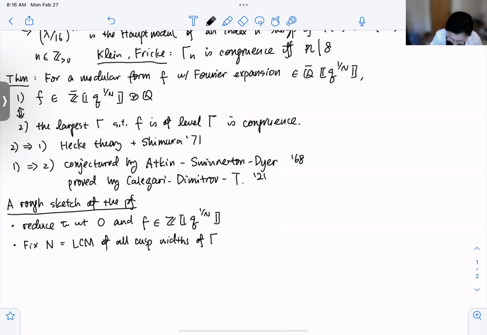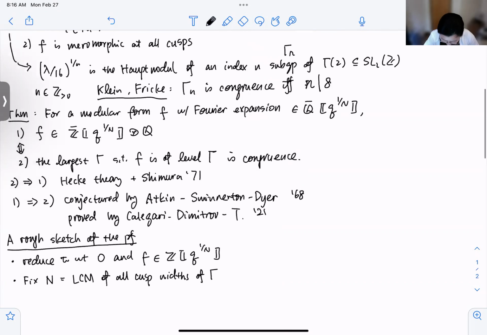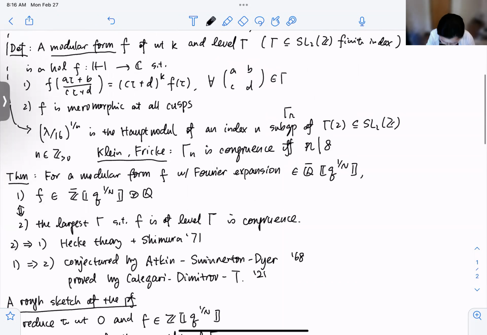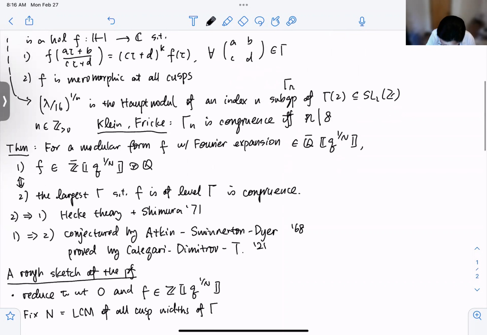of gamma. Sorry, I remember one thing that I forgot to say. In the statement of the theorem, you may notice a discrepancy between the definition of modular forms and another extra assumption that we put infinity as a special cusp, namely that at this cusp it's holomorphic.